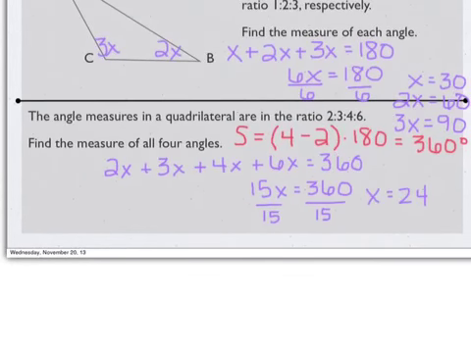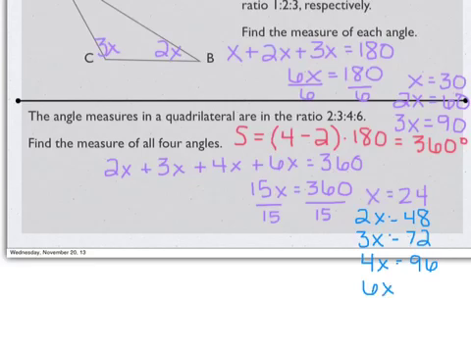To find my angle measures now, what I'm going to have to go back and do is say, okay, if x is 24, then 2x would be 48, because 2 times 24 is 48. 3x, 72. 4x is 96.